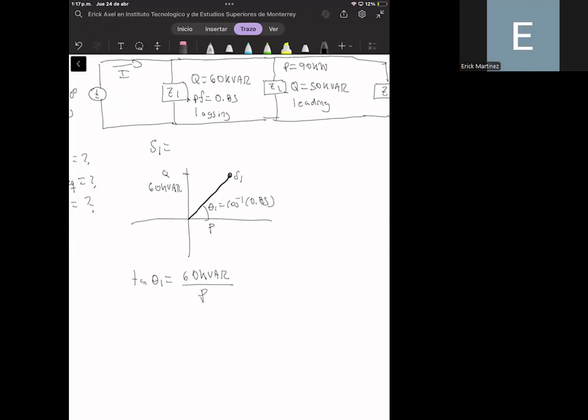So if I solve this equation for the real power, the real power is equal to 60 kilovars divided by the tangent of theta 1. Well, theta 1 is inverse cosine of 0.85.